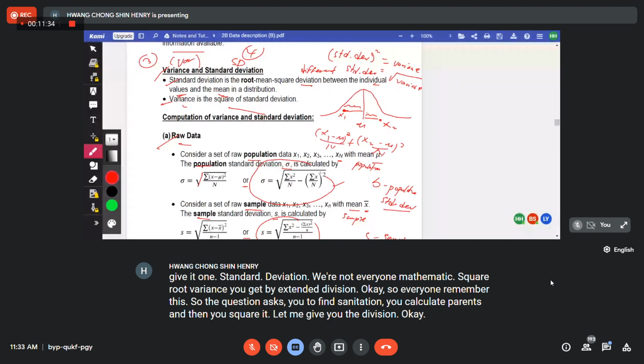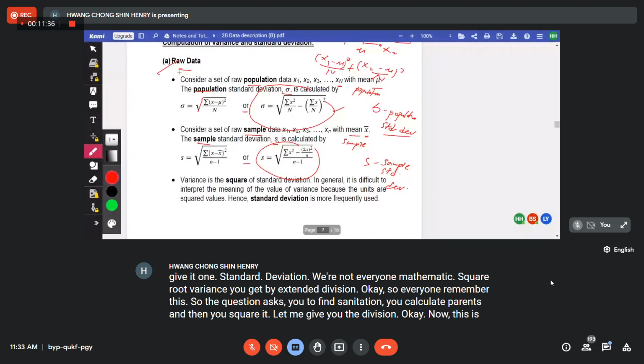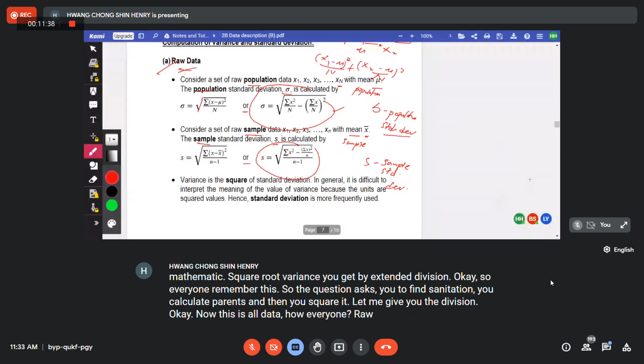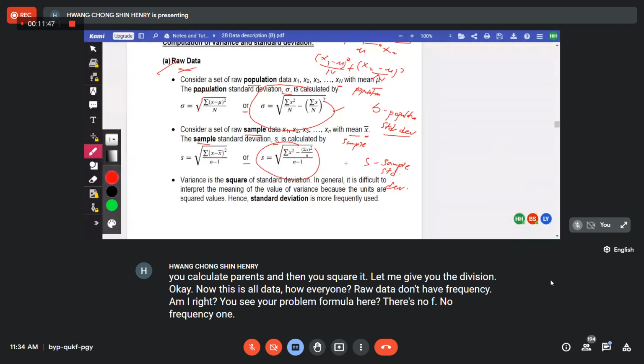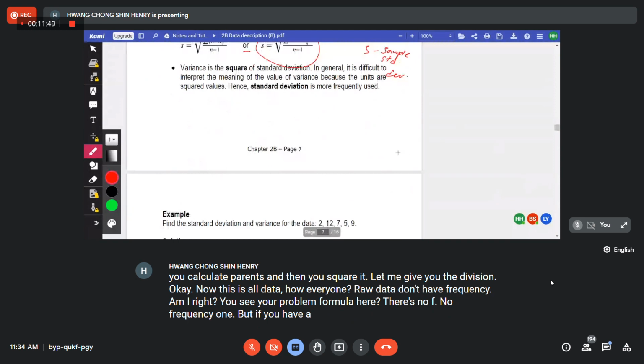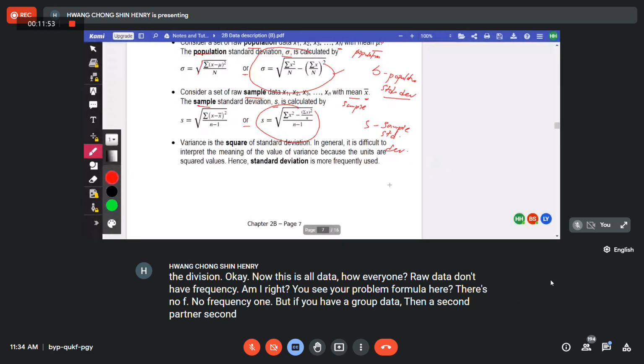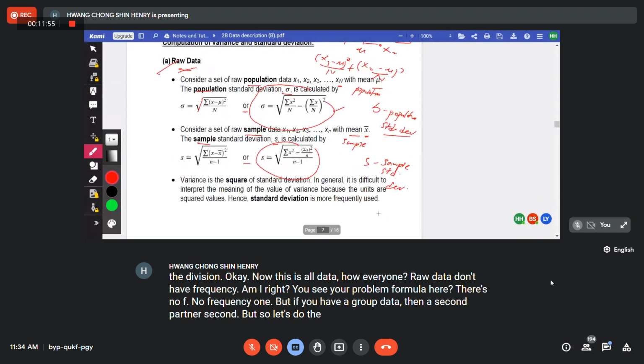Okay. Now this is raw data, everyone. Raw data doesn't have frequency. Am I right? You see your formula here, there's no f, no frequency. But if you have grouped data, that is the second part. So let's do the example first for raw data.